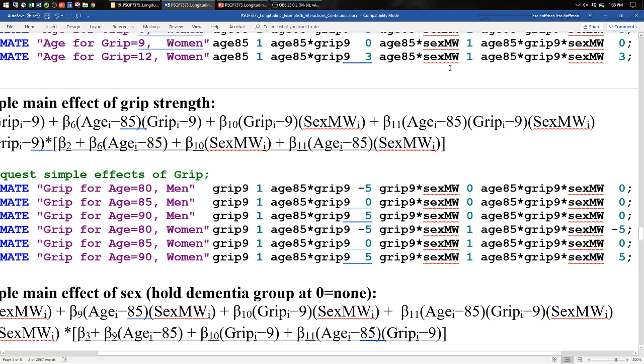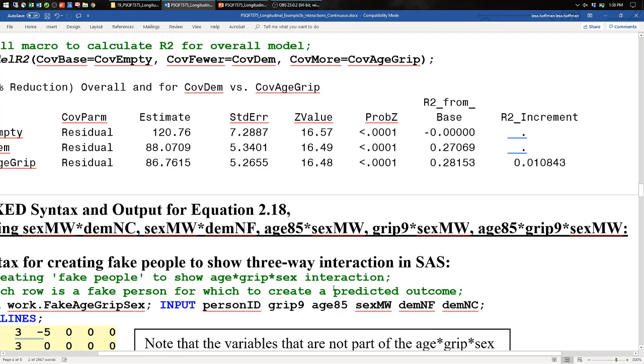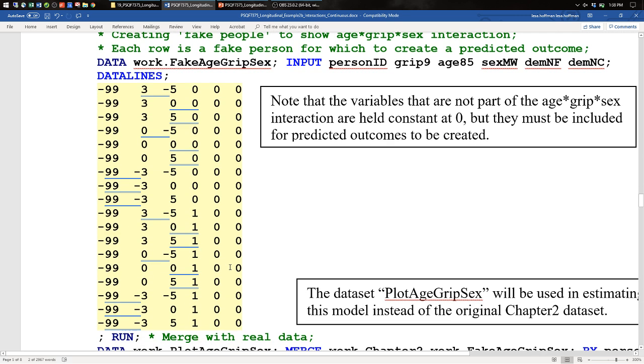How does SAS know about the records that you append to the original data? They are like fake people. I noticed that you set the ID to negative 99. Is it the default option? Does SAS identify those people as fake people?